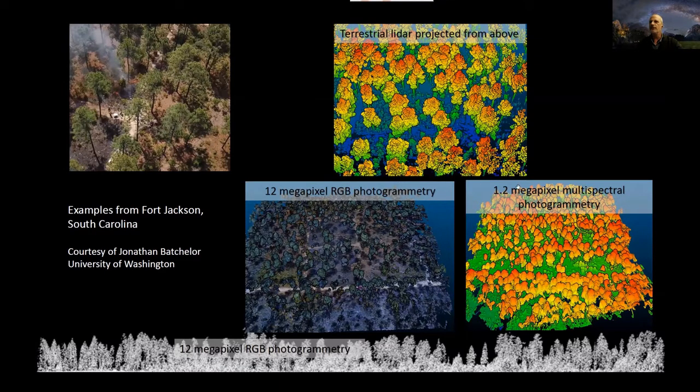And then we have two different examples of photogrammetry, one from a 12 megapixel red, green, blue camera, so a standard camera, and one from a much lower resolution multispectral instrument. And one of the things I want to emphasize is that when you talk about LiDAR or photogrammetry, not all products are created equal, nor do you often need the same resolution depending on your goal.